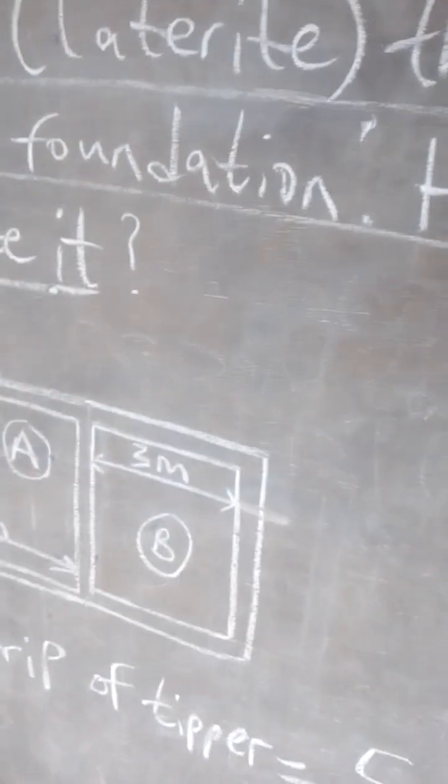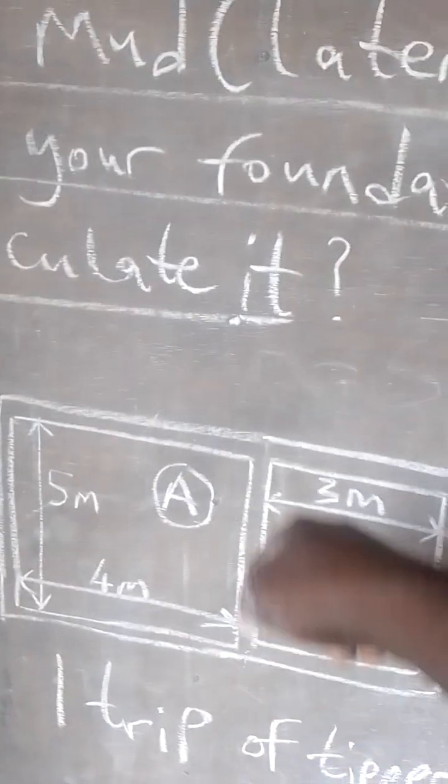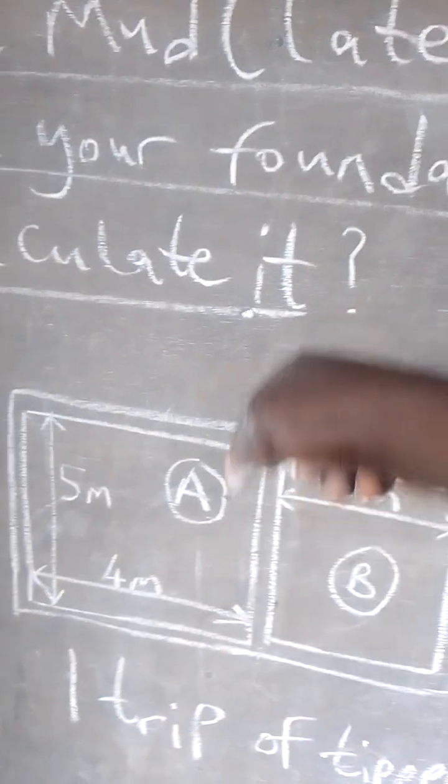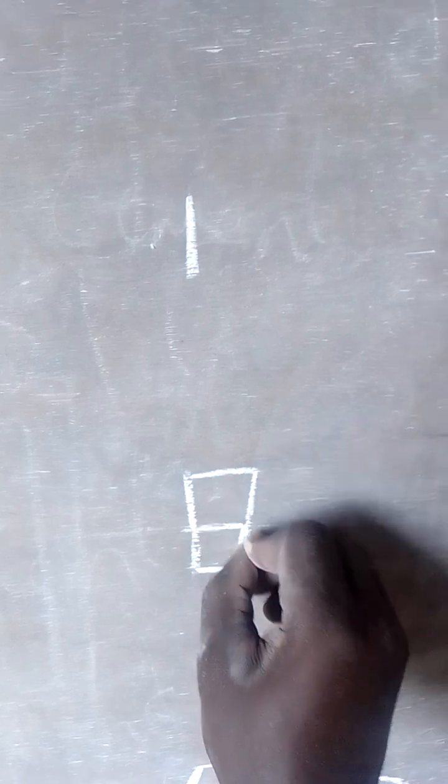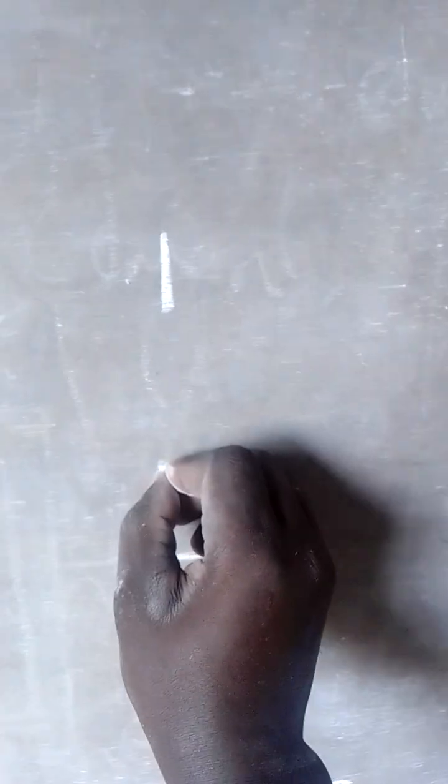Now, let's assume that the height of this foundation is when the person laid 6 blocks. 1, 2, 3, 4, 5, 6.